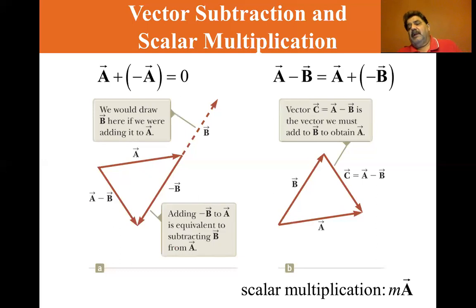If m is 5, then 5A is 5 times as long as the original A, and if it's 1/3 A, A would shrink down to 1/3 its size, and if it was minus 1/3, it would shrink down to 1/3 its size and reverse direction. So that's how you handle multiplication. A scalar can multiply a vector with no problem. We'll learn later on that there are two multiplication processes for vectors: the dot product and the cross product. A scalar product and a vector product are other names for them.